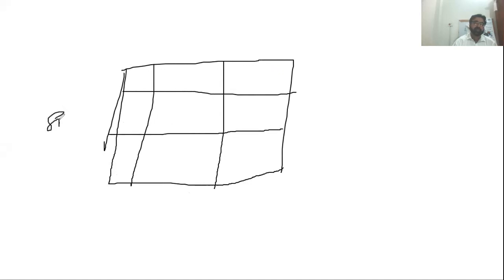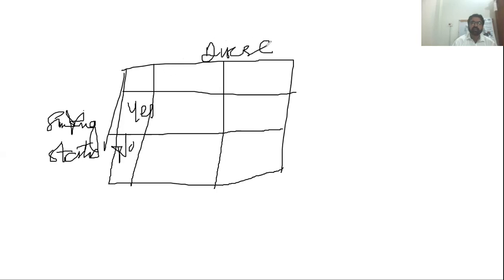This is smoking status, whether the individuals that you are conducting a research study on smoke or not. Some may say yes, some may say no in your sample. And this is the disease. The disease may be lung cancer, blood pressure or whatever, positive or negative. And this is the total.